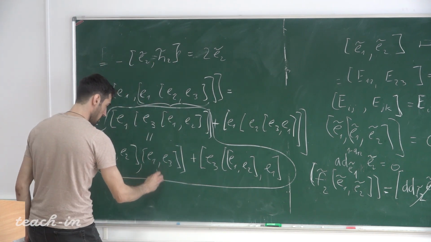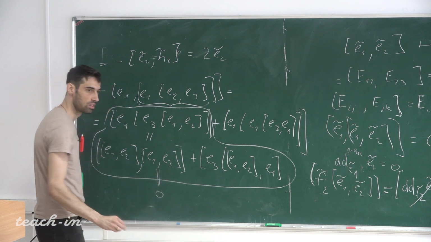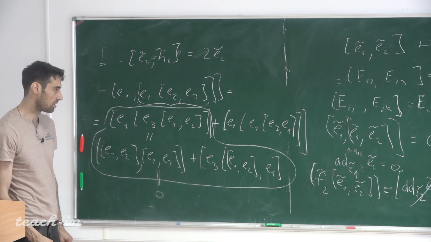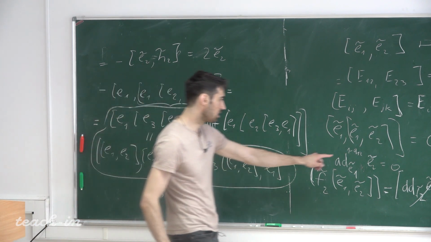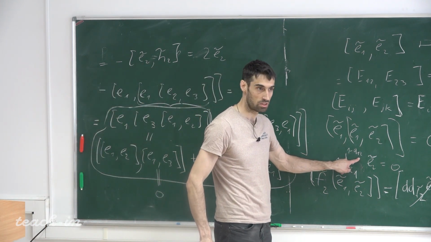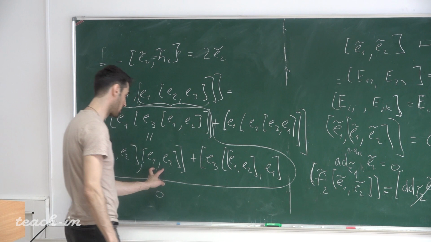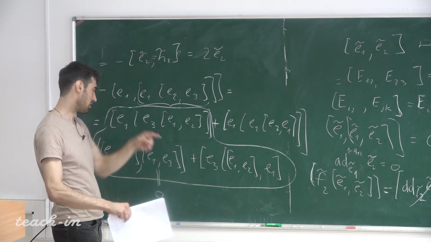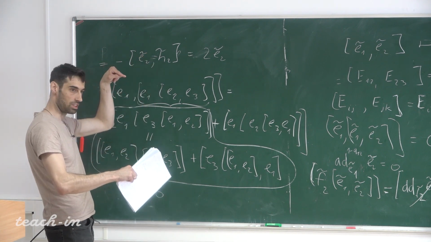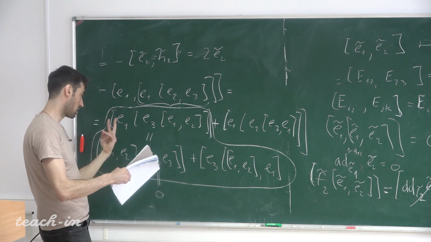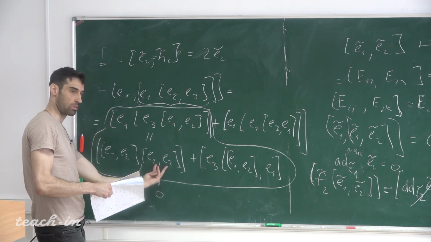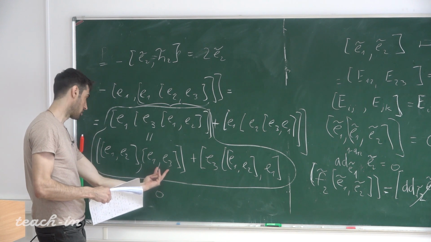But this thing is 0. This is just because A13 is 0. So if we take a commutator of two tilde e's which are far apart, more than 1 in index, then it's 0.